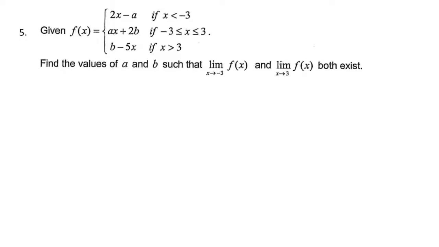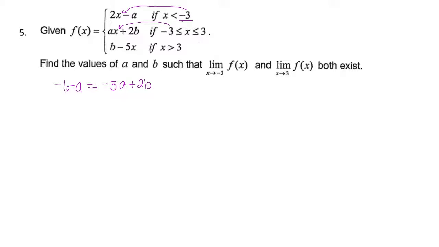All right, so now this one wants both sides to exist, and this is a great example where you might have to do a system of equations. So again, the plugging in and setting equal is still going to be the same thing. So I'm going to plug in negative 3 for x here, and so I have negative 6 minus a has to be equal to, and if I plug in negative 3 down here, I'm going to have negative 3a plus 2b.